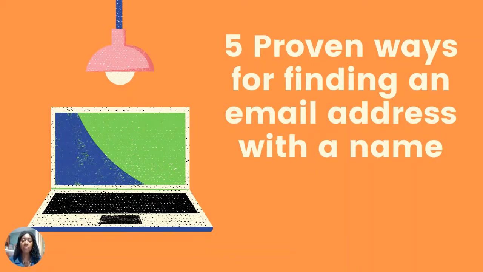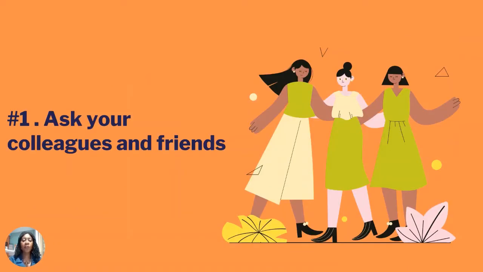So here are the 5 proven ways for finding an email address with a name. First of all, if you don't have the email address of the person you want to book an appointment with or invite to a program, you ask your colleagues at work.